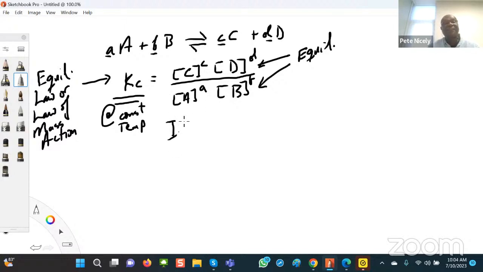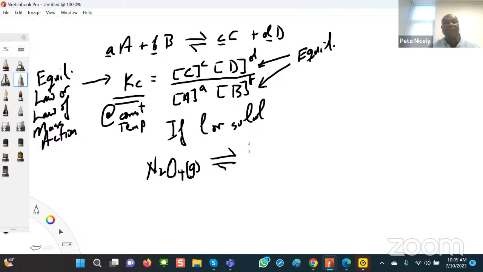If there are any liquids or solids present in this equilibrium system, then those terms would not appear in this equation. So let me give a quick example. Let's do this one: N2O4, which is a gas, in equilibrium with 2NO2, which is also a gas.